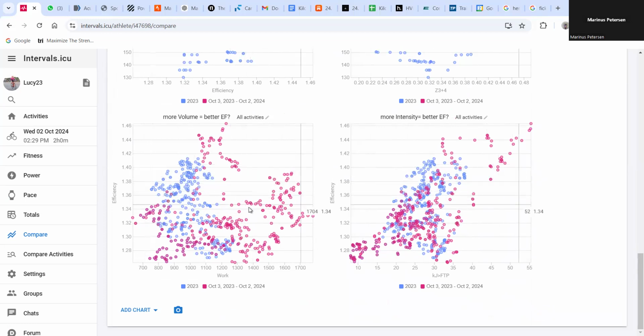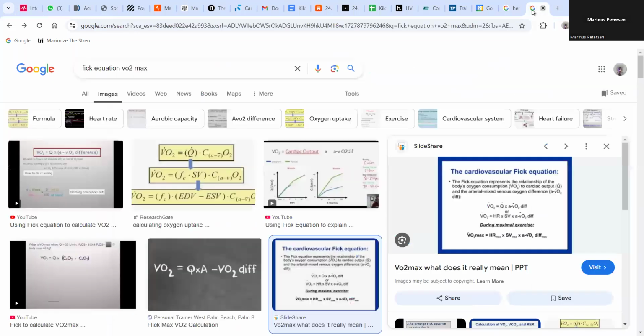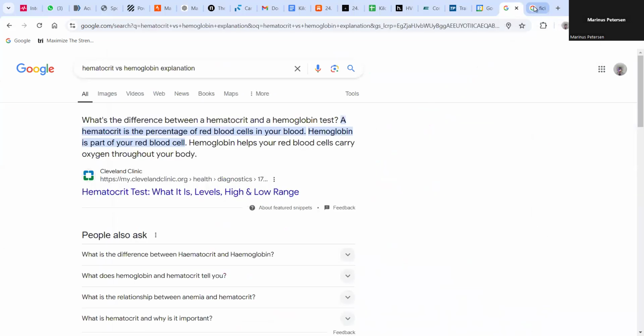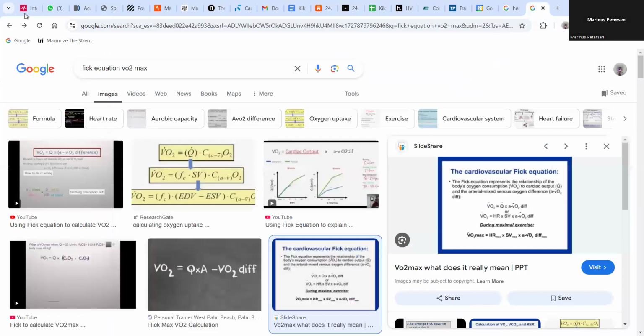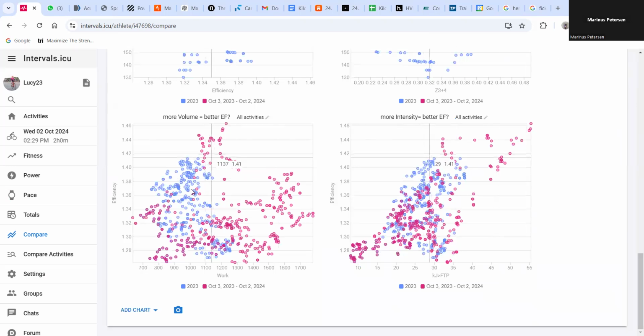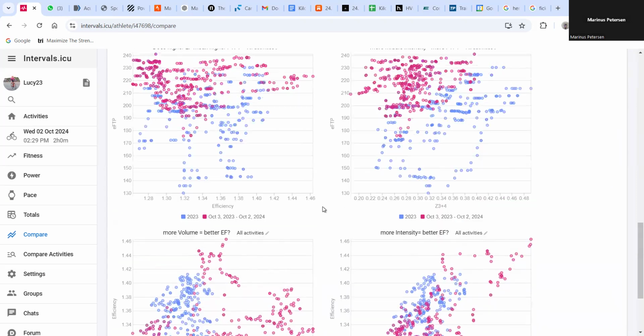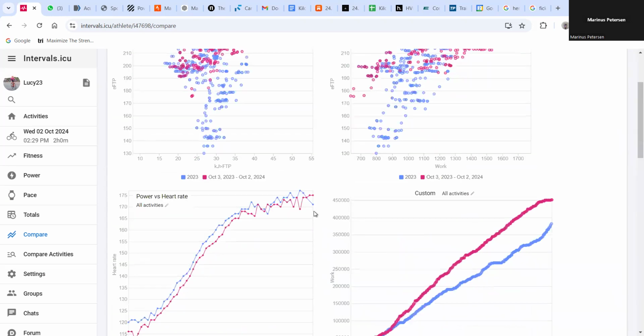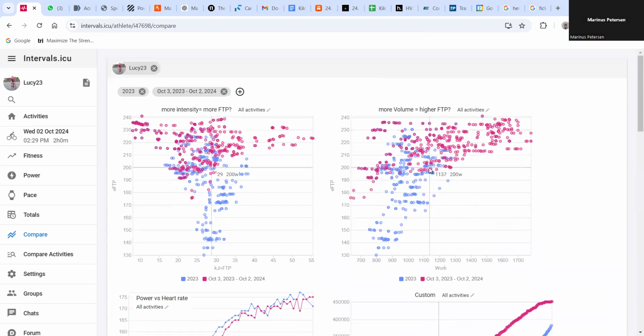As we can see, the intensity does drive the EF, because that's working on our stroke volume. The low intensity stuff isn't really doing anything for your stroke volume once you're more well trained, but it is actually increasing your threshold a lot.